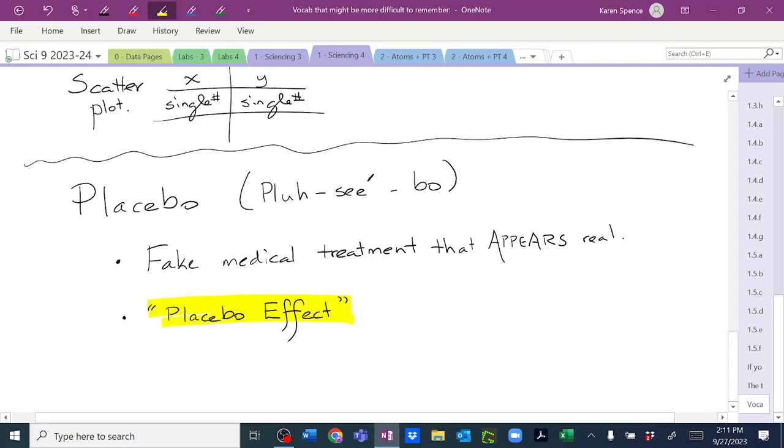So this is the effect. Your mind thinks you're getting a treatment.